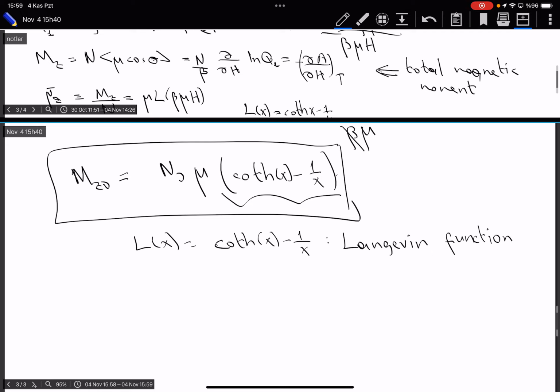Now let's look at various limits. Let's start with the low temperature limit. So first, what does the low temperature limit mean? Well, T is small, small in some sense, which means beta is large.